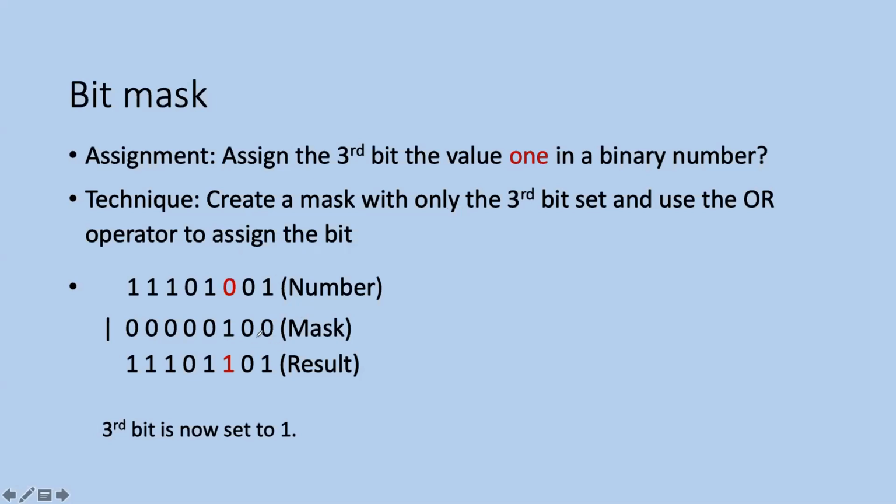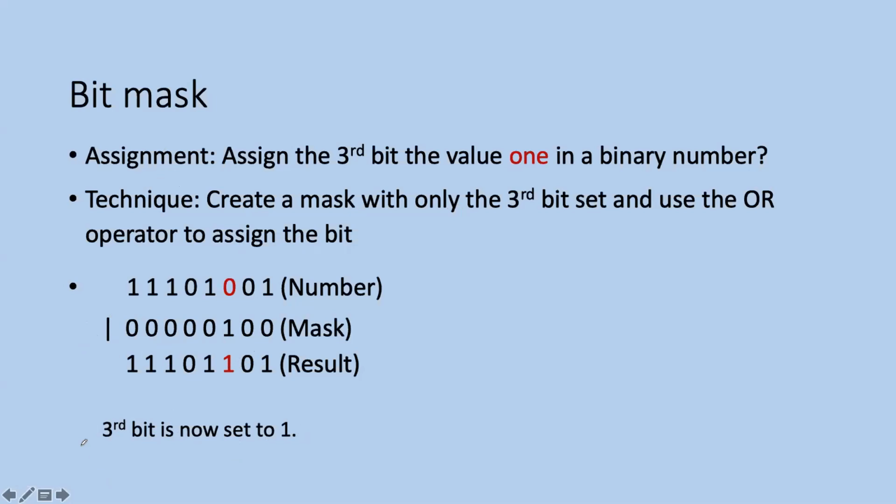So here's my mask, all zeros except that 1, but instead of AND, I'll use the OR operator. This is if I need to set the bit. The result will be 1101. Now the third bit is set to 1. Once you get the hang of it, this is very simple actually.